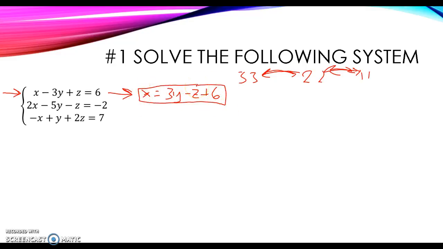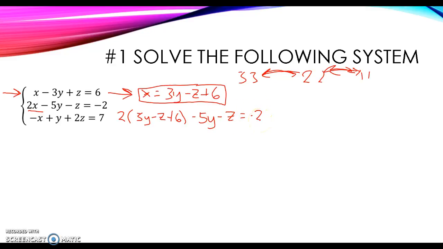Then I'm going to go to the second equation, which is 2x, but instead of putting x there, I'm going to put what x is equal to, which is 3y minus z plus 6. That's my 2x, but then it's minus 5y minus z equals negative 2.